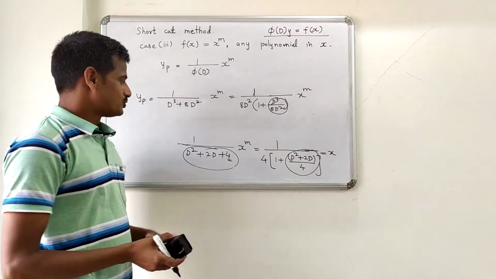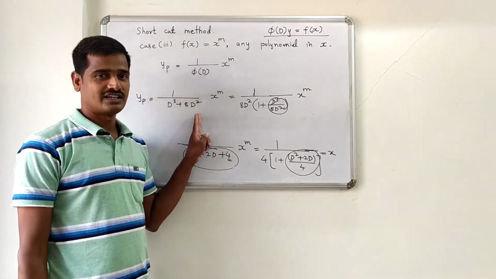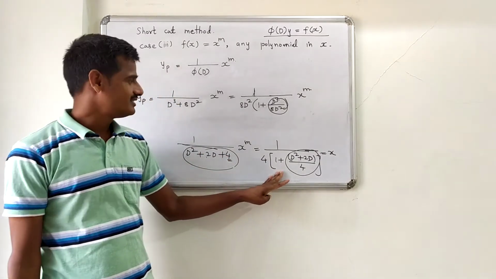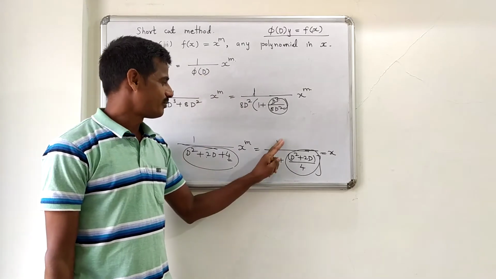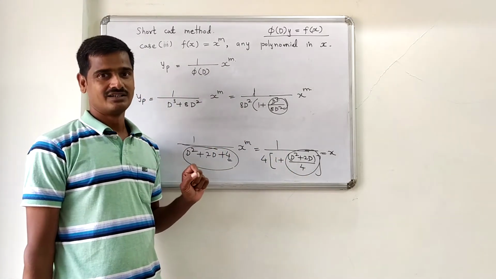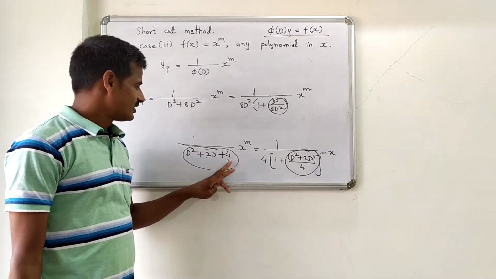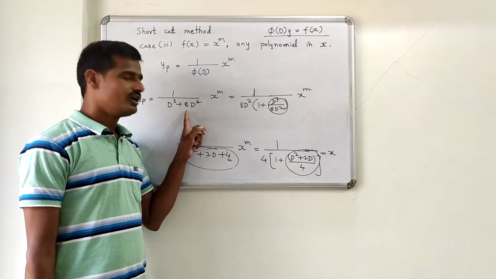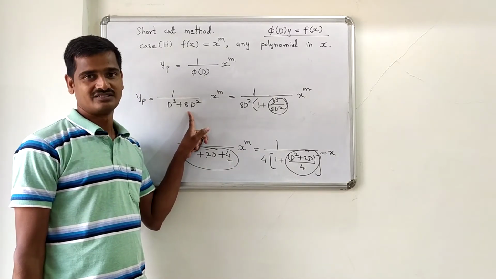Okay. So if a constant term is there, then you take that constant term common to write 1 upon phi of D in the form of either 1 upon 1 plus x or 1 upon 1 minus x. Or if the constant term is absent, then you go for the lowest degree term in that expression.